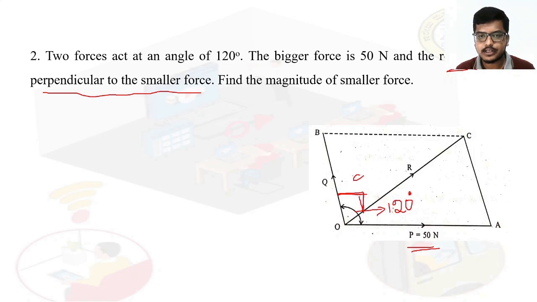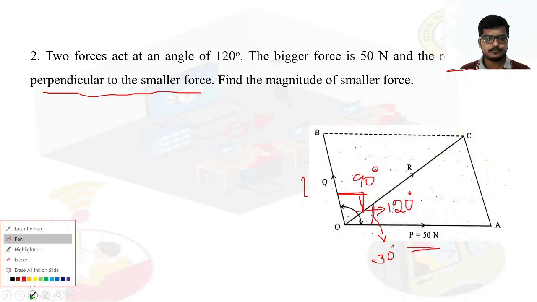They are telling us this angle is 90 degree, because it is perpendicular. When this is 90 degree and the full angle is 120 degree, the remaining angle is 30 degree. So 30 degree plus 90 degree is 120 degree. We have to find the magnitude of the smaller force, that is OB. Simple, so we will solve.